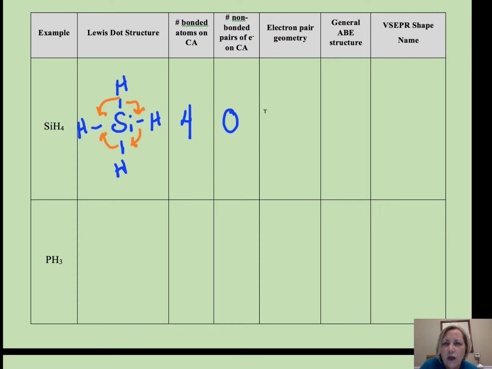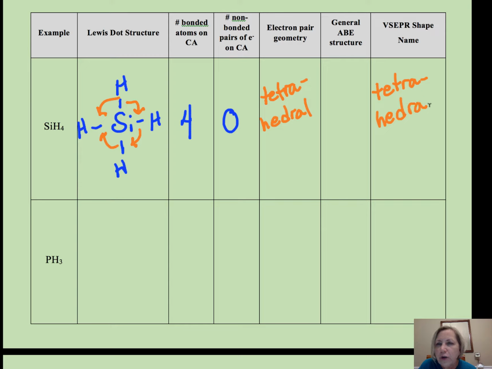And to do that, we form a tetrahedral structure. It's a 4-sided structure. Hopefully in your class, you will get to build these because it's much easier to visualize the shape if you can build models. So this is tetrahedral, and its VSEPR or molecular shape is tetrahedral.